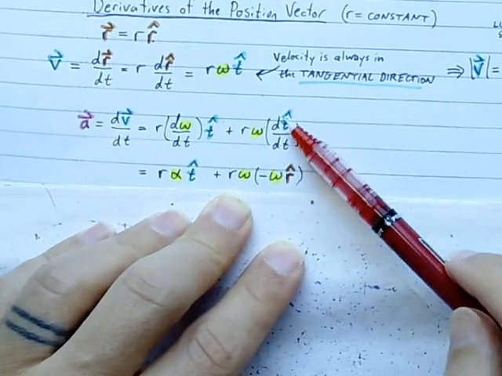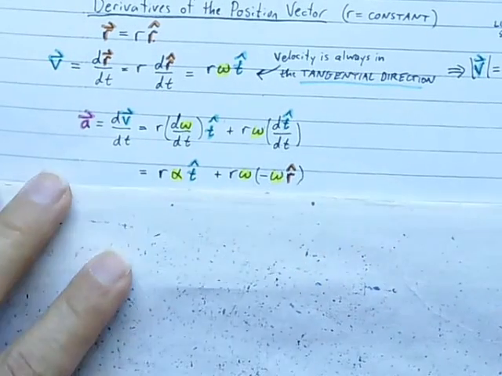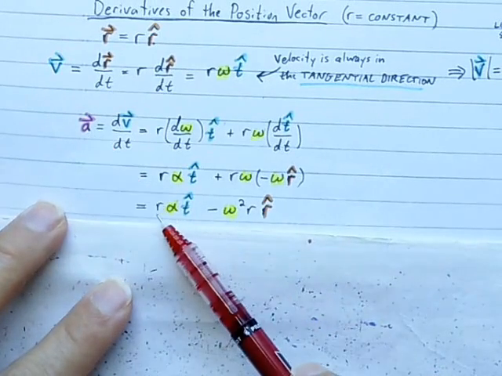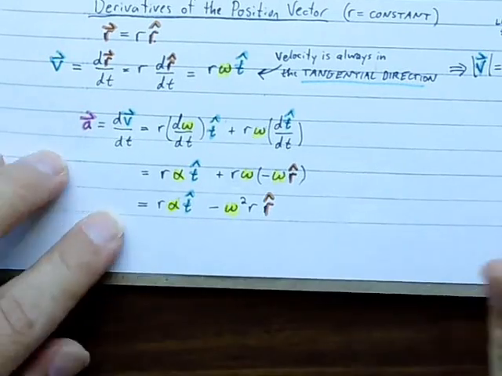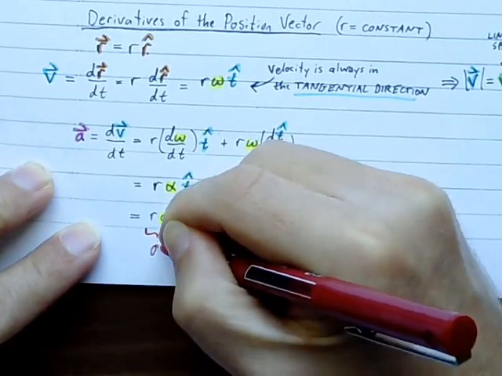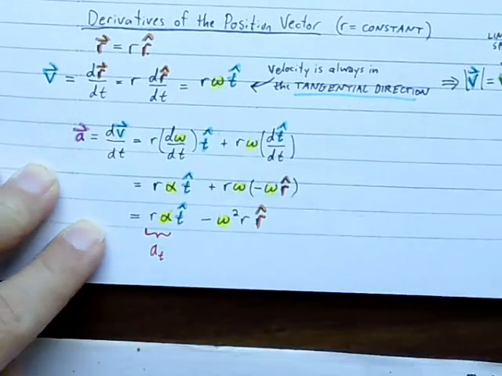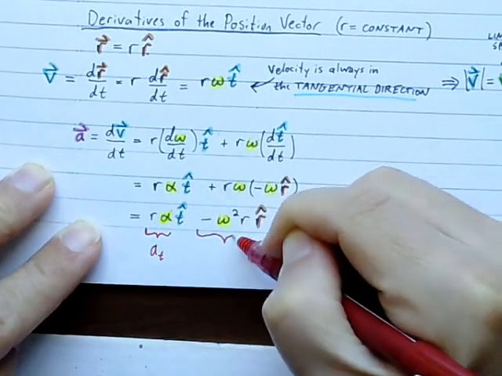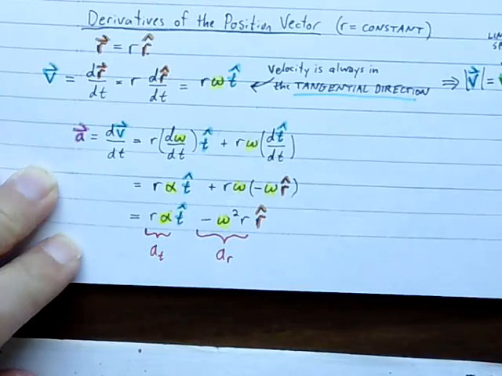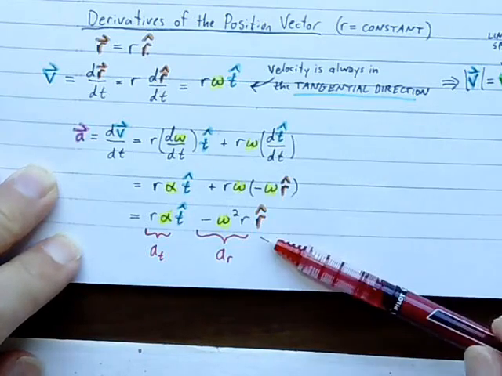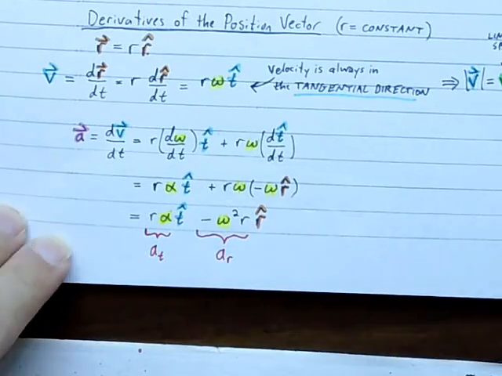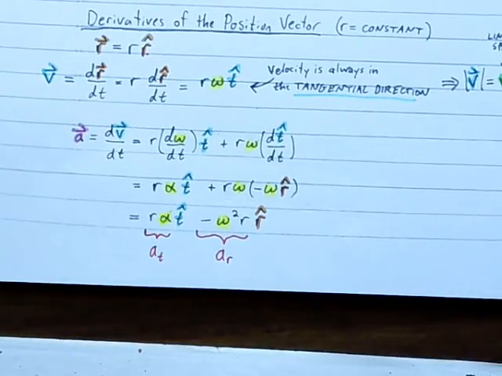So this gets replaced with minus omega r hat. And so we see that our acceleration has both a tangential component. This is our tangential component here, a sub t. And it has a radial component, a sub r. And our radial component has what we'll recognize as a familiar form, minus omega squared r. This is our centripetal acceleration. Okay, let's pause for a moment, pick up from there.